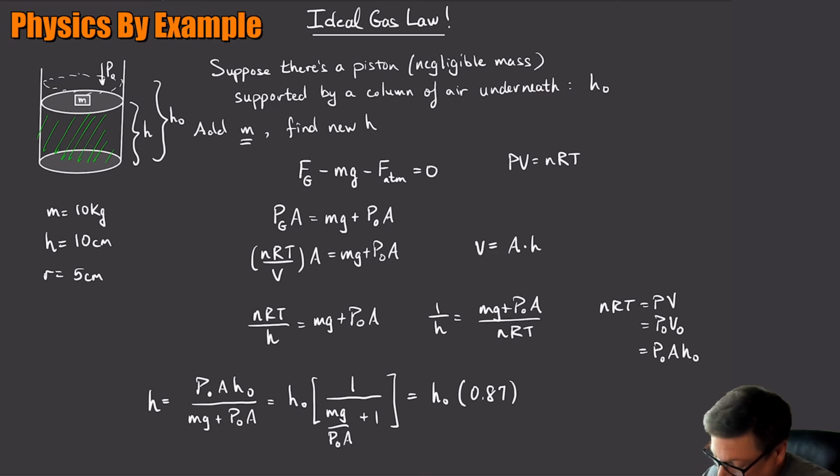It's going to be 0.87 of what it originally was, or something like 8.7 centimeters at the end. So sure enough, it's going to squash down a little bit when we put that mass on it. Maybe not quite as much as you think. It's kind of hard to compress air. So putting a 10 kilogram weight on that thing, 20-something pounds, only squashes it down by a little over a centimeter. So that's maybe a little bit unexpected.